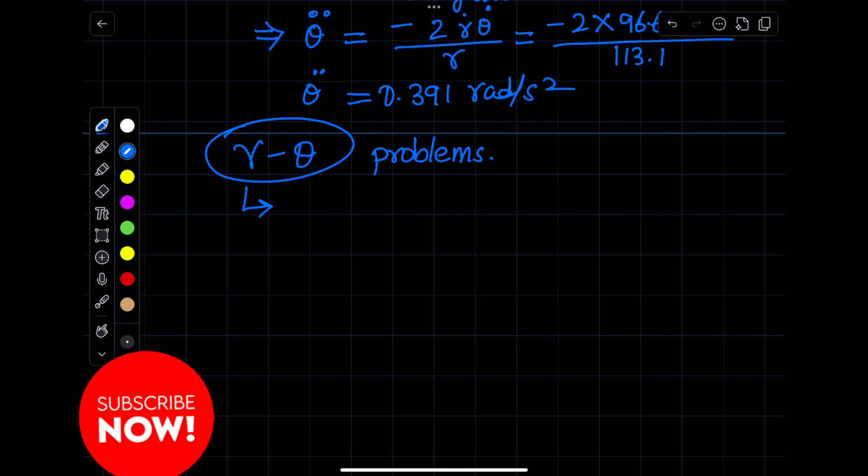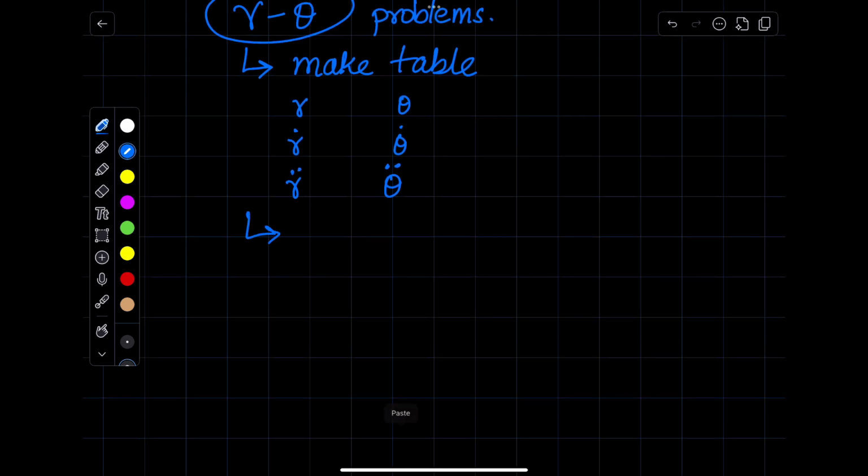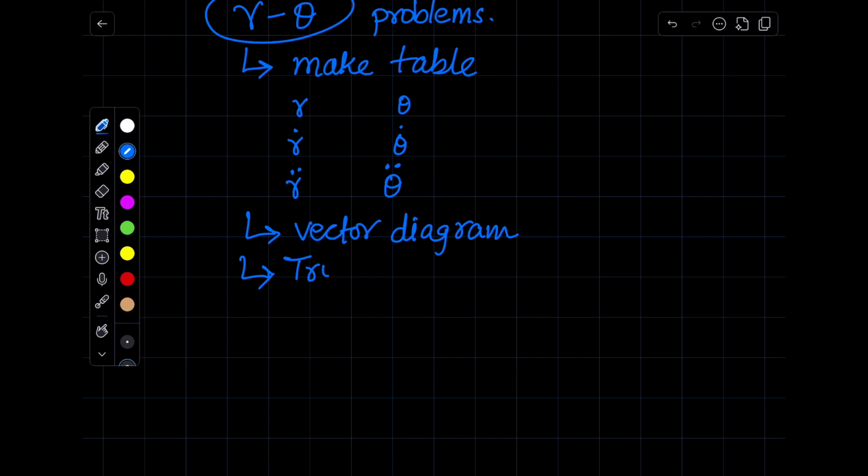Let me give you some quick tips for r and theta problems. The first step in r and theta problems is to make a table like this on the screen for r and theta. The second step is to put in all values given in the problem and note what information you have to calculate. The next important step is the vector diagram. Make a correct vector diagram. Please do not make any minor mistake.